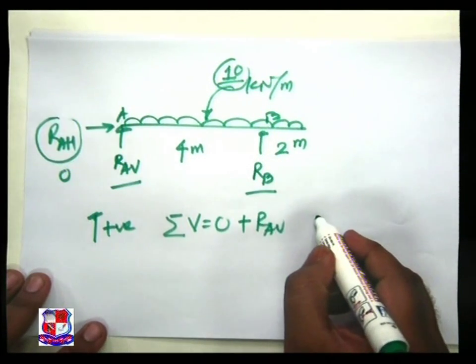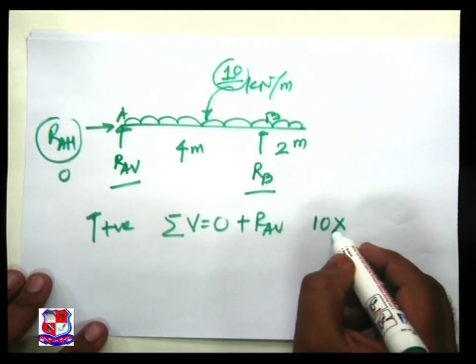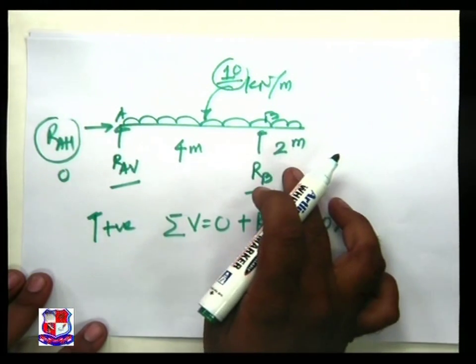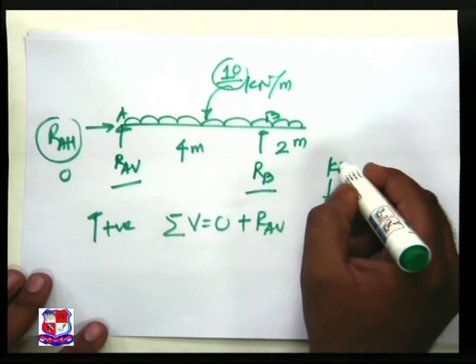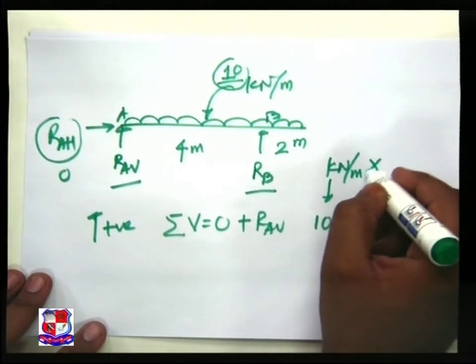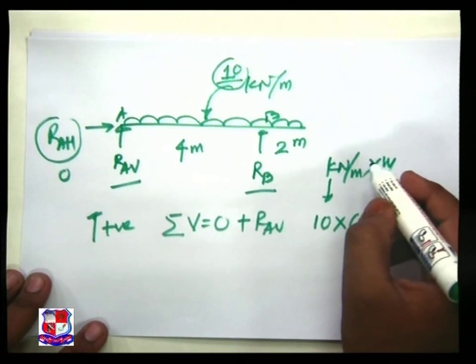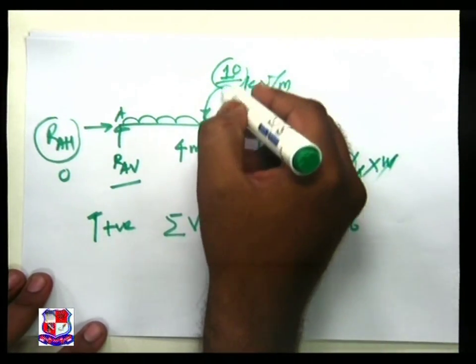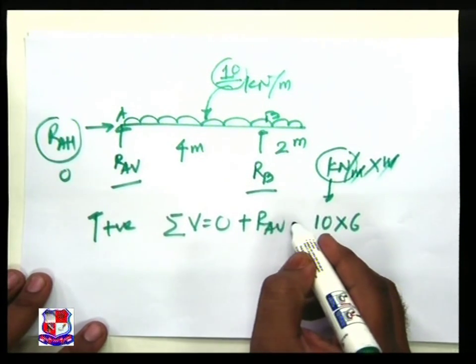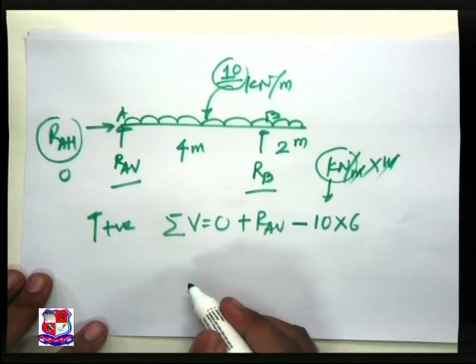So the total load acting is 10 into 6, 4 plus 2 is the 6 meter. The unit is kilonewton per meter into meter, so the meter goes out, we want kilonewton. This is acting downward. Downward means treated as negative.